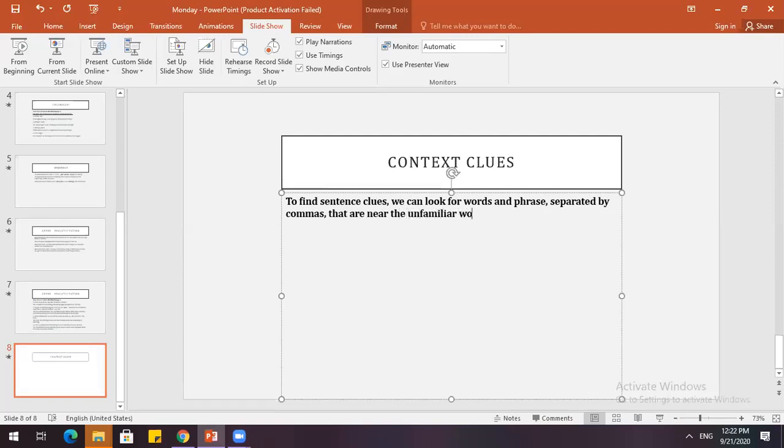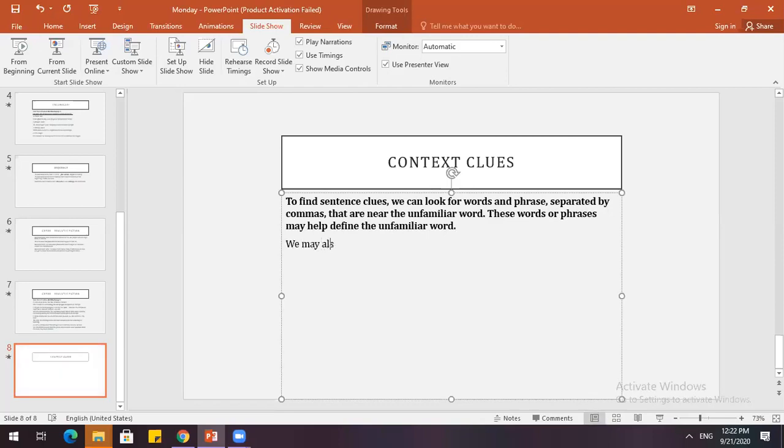So near the word that we do not know. All right? These words or phrases may help define the unfamiliar word. So they may help us understand what the unfamiliar word means. Okay?